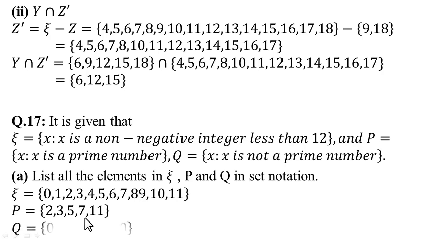And the set of elements of Q that are not prime numbers, so Q is equal to 0, 1, 4, 6, 8, 9 and 10. Now we move to the second part.